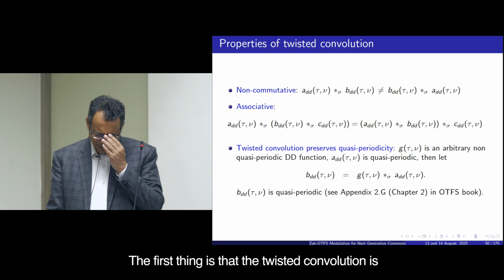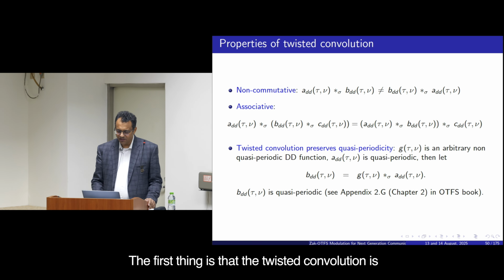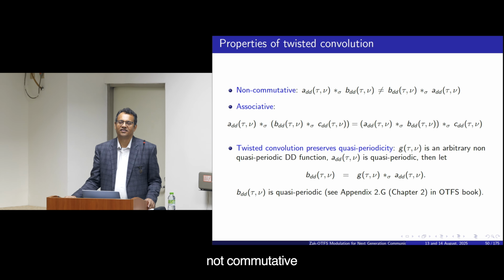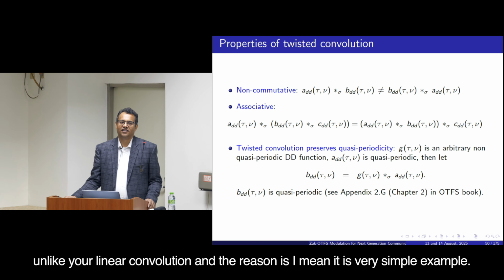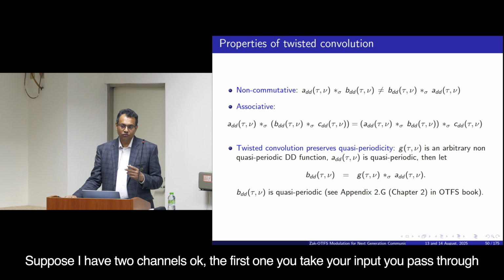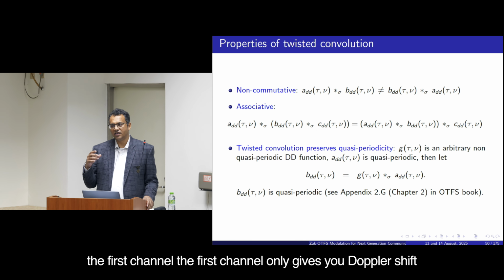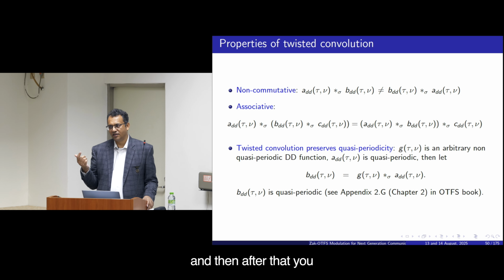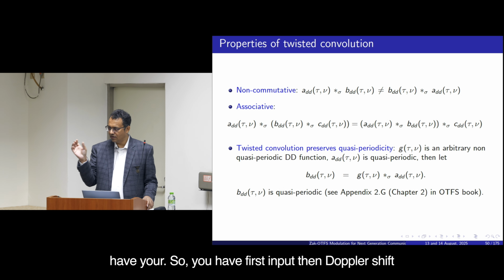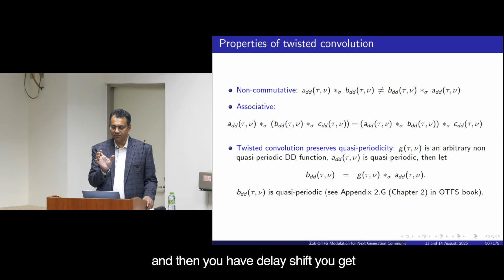The first thing is that the twisted convolution is not commutative, unlike your linear convolution, and the reason is, I mean, it's a very simple example. Suppose I have two channels, okay. The first one, you take your input, you pass through the first channel, it only gives you Doppler shift, and then after that you have delay shift, you get something at the output.